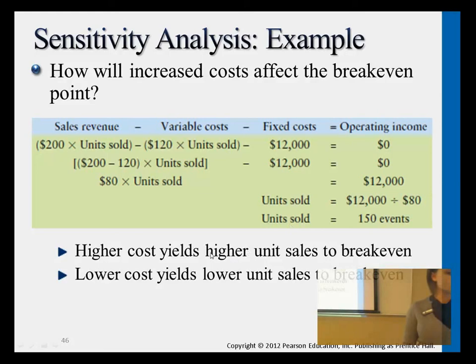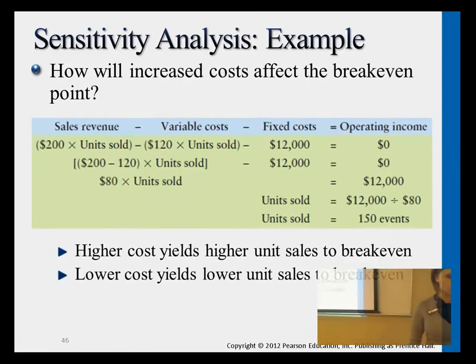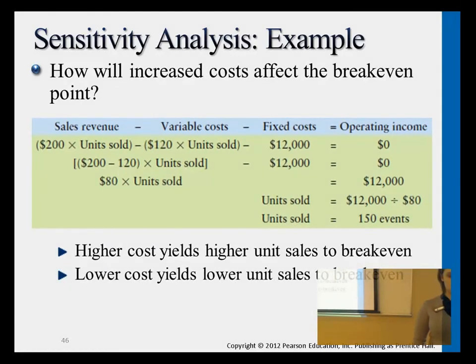Again, higher cost yields higher unit sales to break even, and lower cost yields lower unit sales to break even. So increase in cost, right? That's what's happening right now. Do you see how our variable cost was 80, right now it's 120, but our sale price also increased, right?